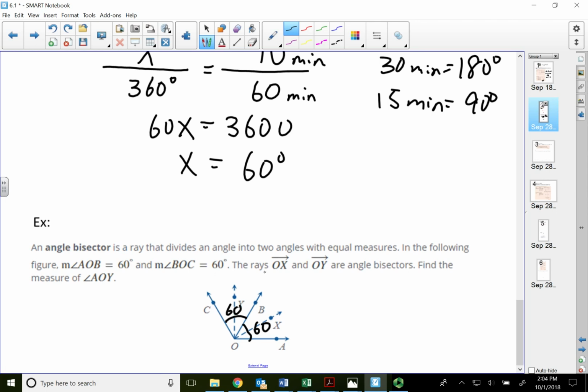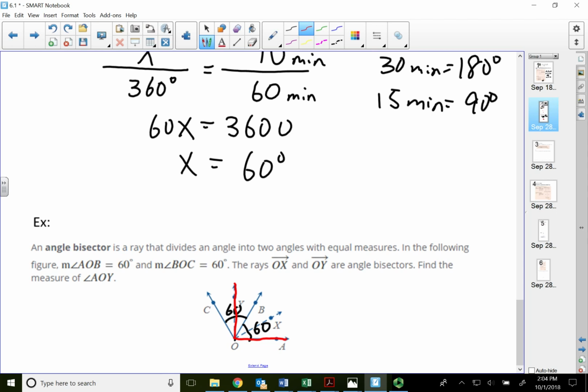Then they tell me that rays OX and OY are angle bisectors. Find the angle AOY.